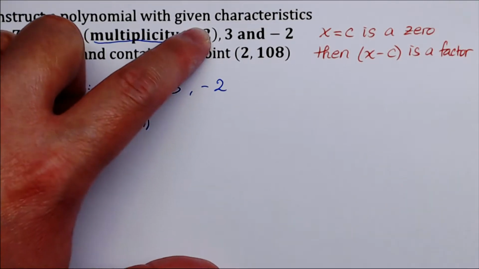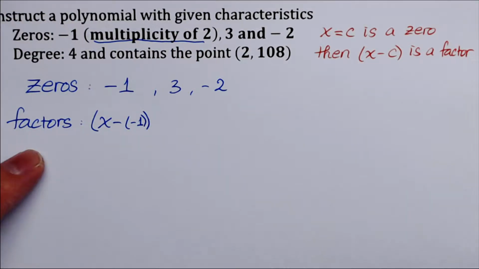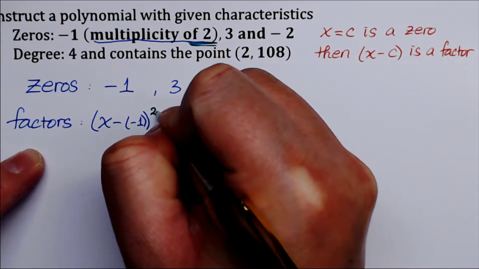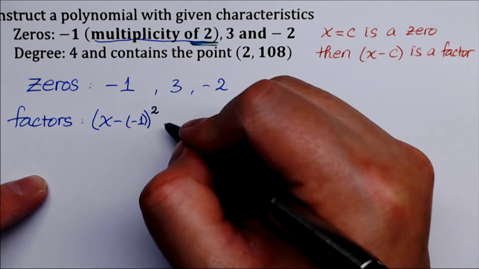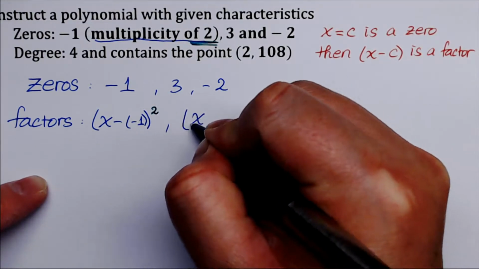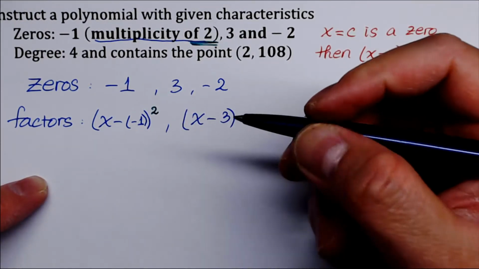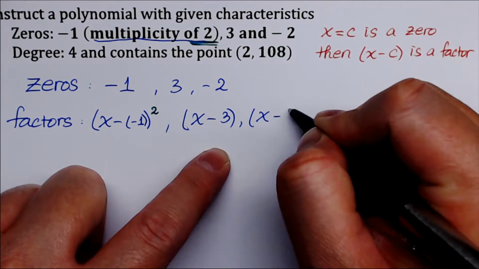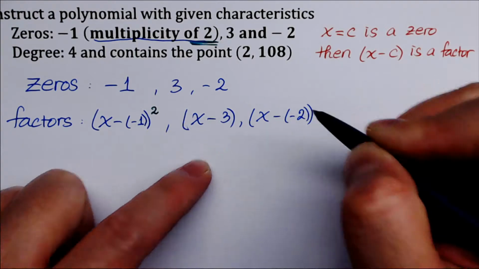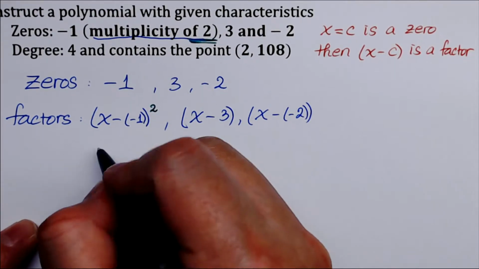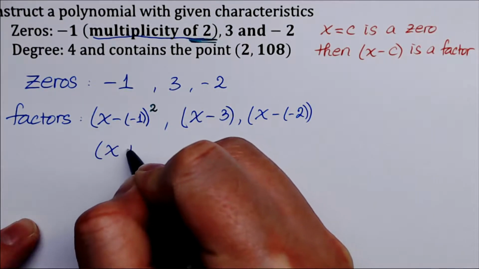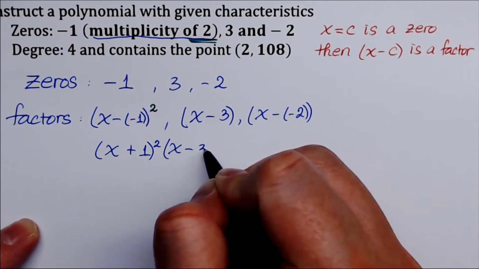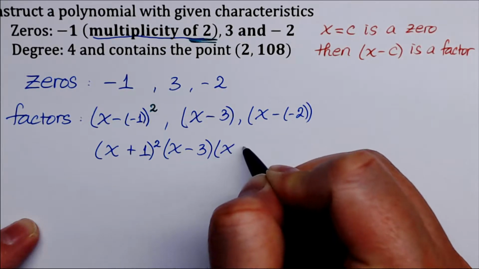Multiplicity of 2, meaning that we're going to have 2 of them. 3, so x minus 3 is a factor, and then negative 2, we have x minus negative 2 is a factor. I put them together, we're going to have x plus 1 squared, x minus 3, and x plus 2.